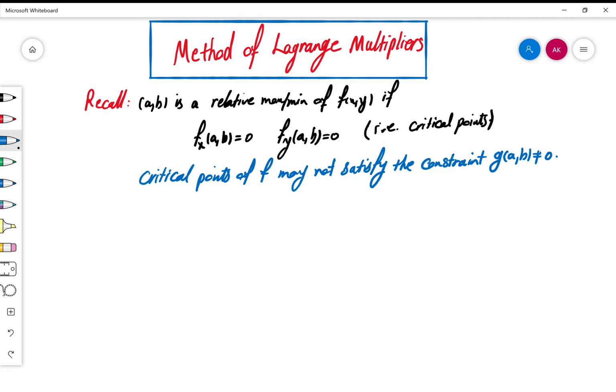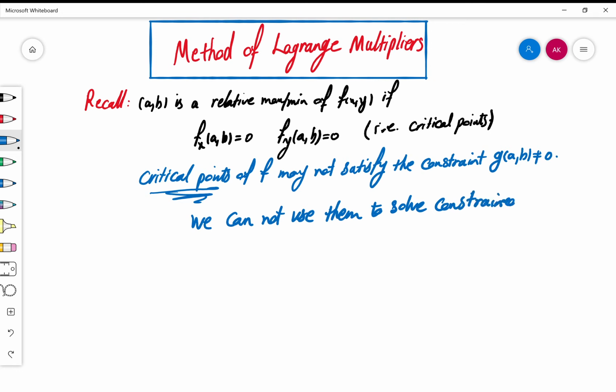So we cannot use regular critical points to solve a constrained optimization problem.